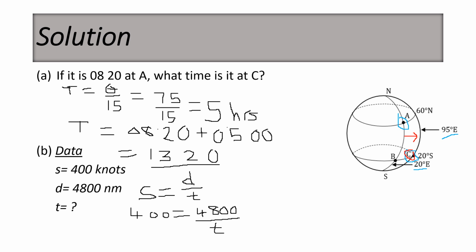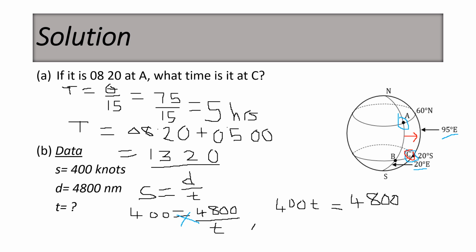In this case, we cross multiply, so we have 400 times T equal to 1 multiplied by 4,800, remember 400 is the same as 400 over 1.